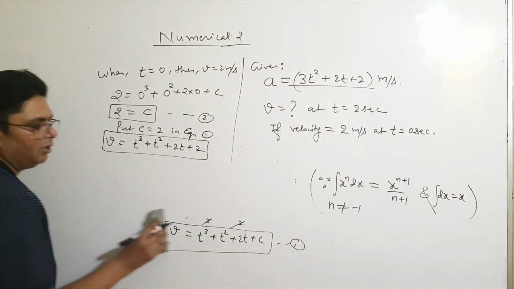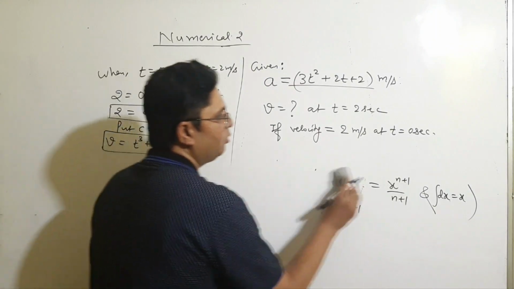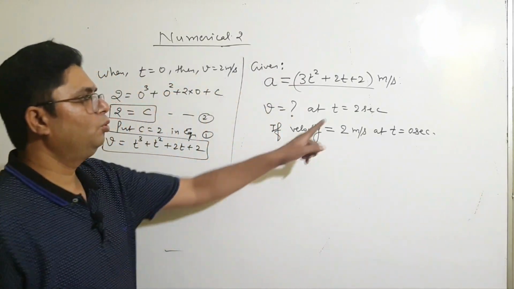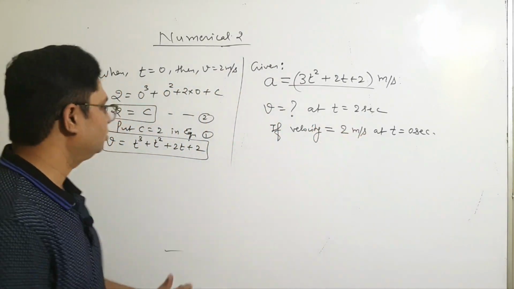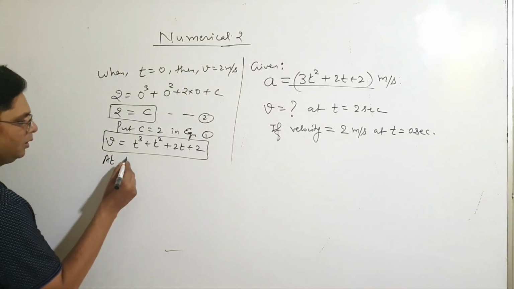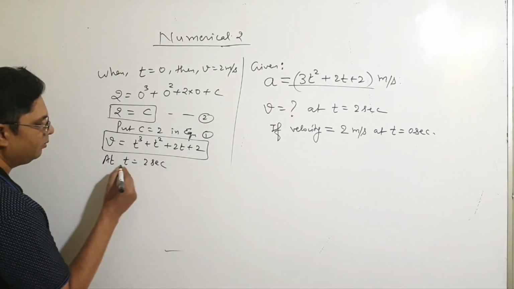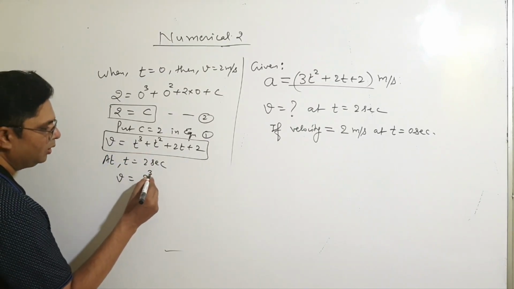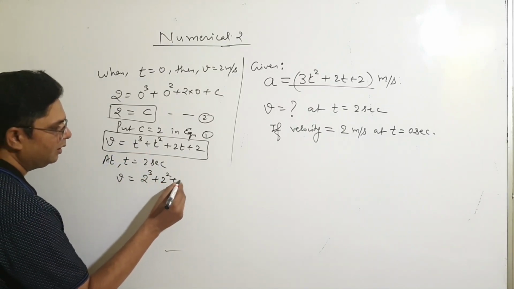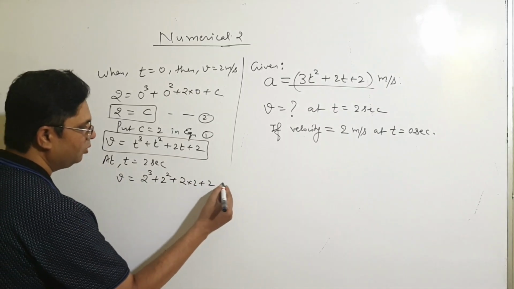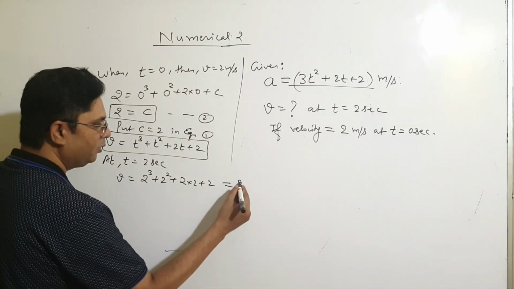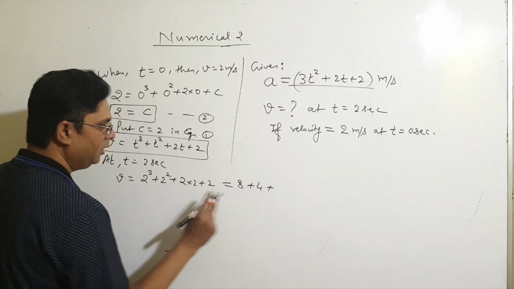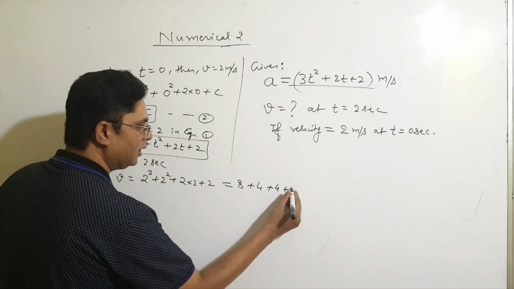Now you have to find velocity at t equal to 2 seconds. So at t equal to 2 seconds, replace the value of t by 2. So you have v equals 2³ plus 2² plus 2 into 2 plus 2. 2³ is 8, 2² is 4, 2 into 2 is again 4, plus 2.